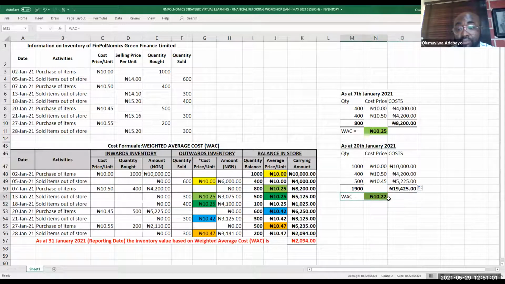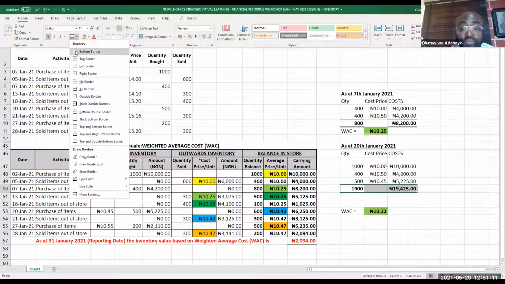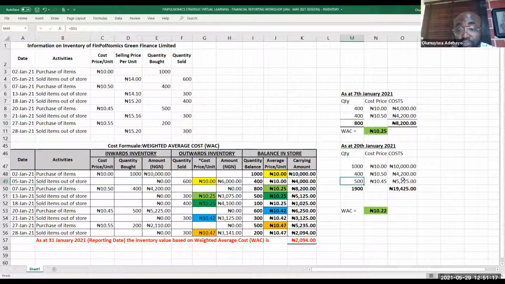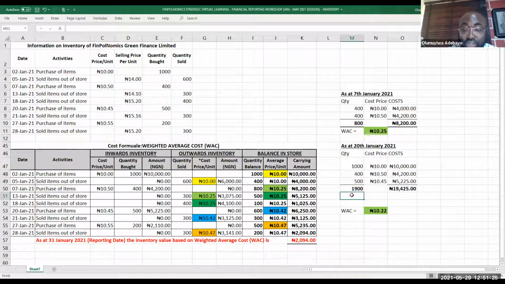Okay, now out of this item, you've sold how much? Out of this, you've sold these values.